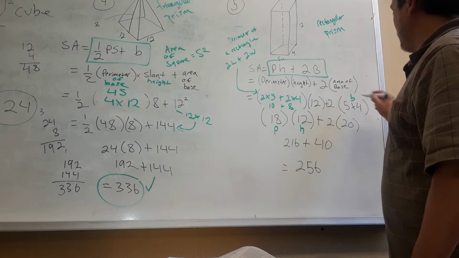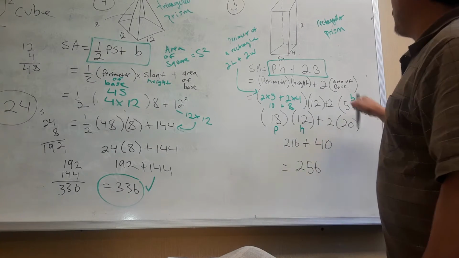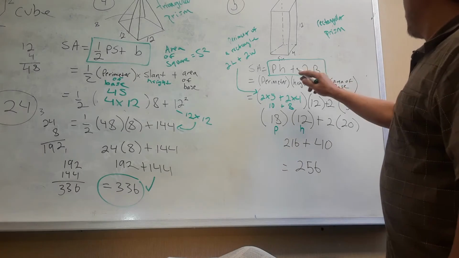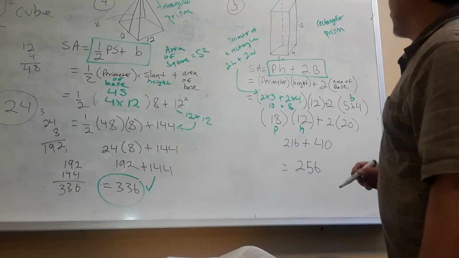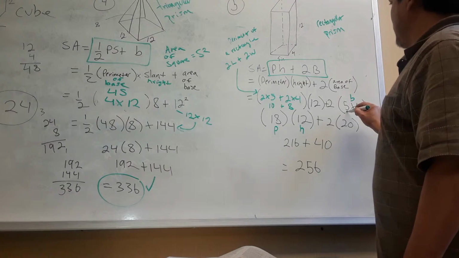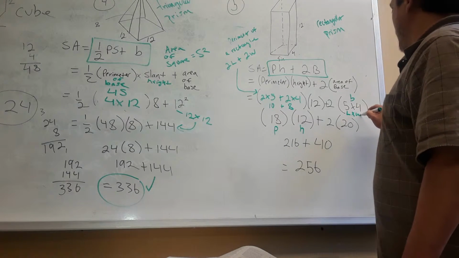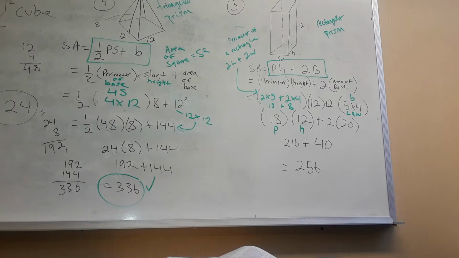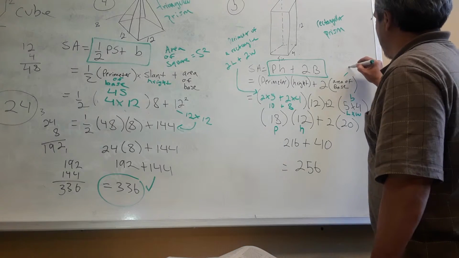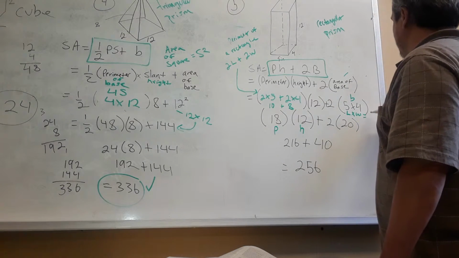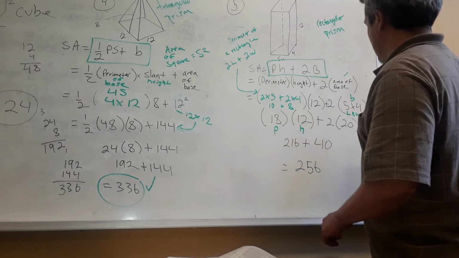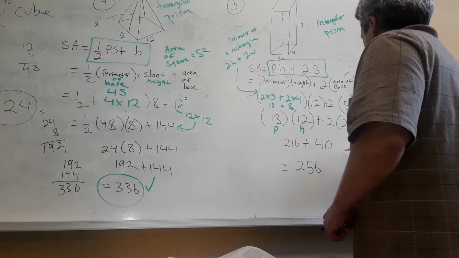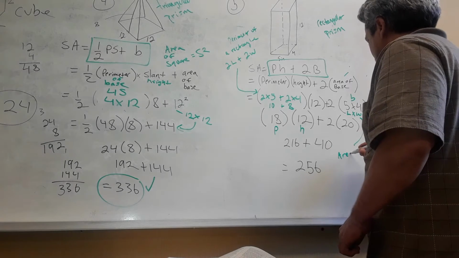And the base, how do we get the base of a rectangle? Because it's a rectangle, not all sides are equal. Remember, length times width. That's how we get the area of a rectangle.